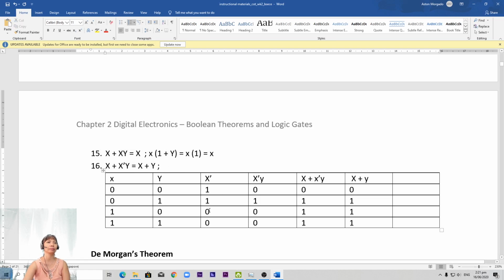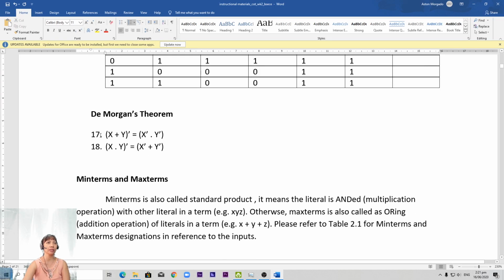Okay? How about De Morgan's theorem? De Morgan's theorem: (x plus y) prime is equal to x prime dot y prime. So what does it mean? Every time you see a prime outside the parentheses, if you want to put it inside the parentheses, you prime the variables.